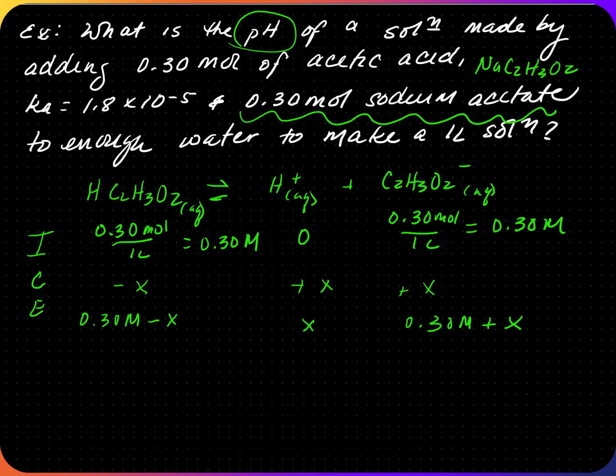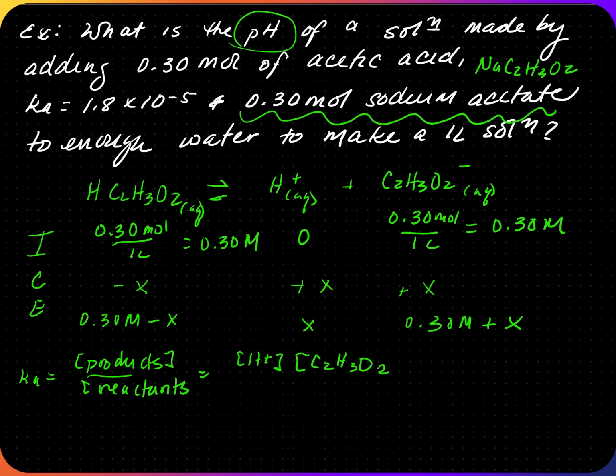My equilibrium equation Ka is equal to products over reactants, which is equal to H plus times C2H3O2 minus over HC2H3O2.